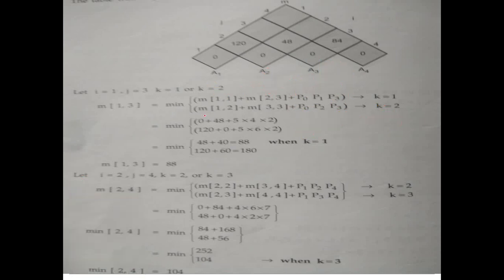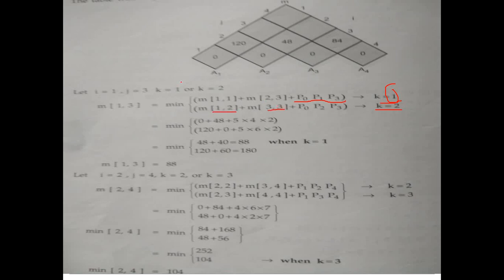Okay, so here m11 plus m23 plus p0, p1, p3. This we have taken from the previous equation, that was p[i-1], p[k] and p[j]. Okay, so in case of p1, if we separate with k equal to 1, then m11, m23. If we separate with k equal to 2, then this will happen: 1, 2 and 3, 3.